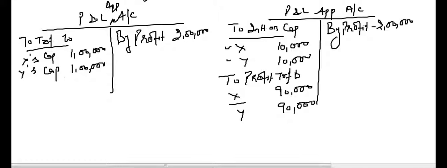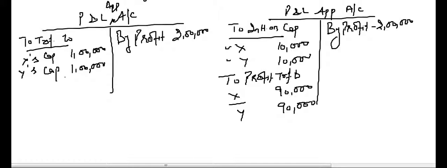Now what they do is, to rectify this problem, to open all the books, right? To open all the books of account is a tedious job. You have finalized all the accounts, okay, after 31st March, after the closure of accounting period, you closed all the books. And after the closure, you realized that interest on capital has not been paid to the partners.